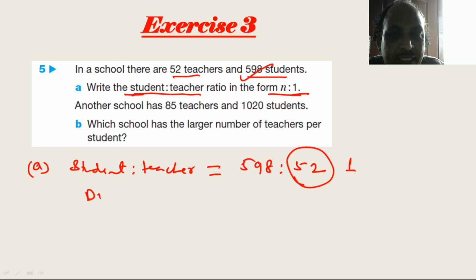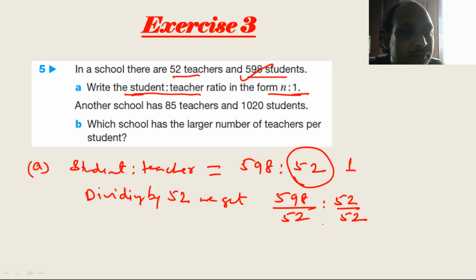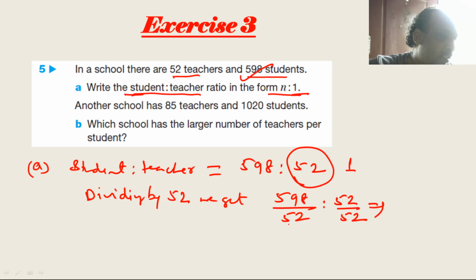So dividing by 52, we get 598 divided by 52 is to 52 by 52, and 598 divided by 52 will give us 11.5 is to 1.